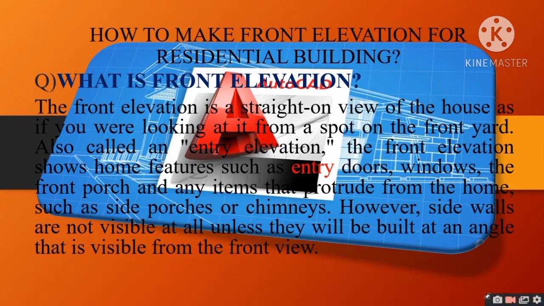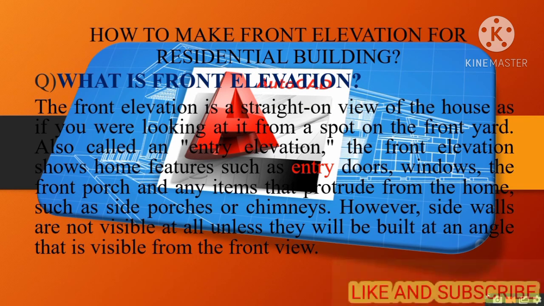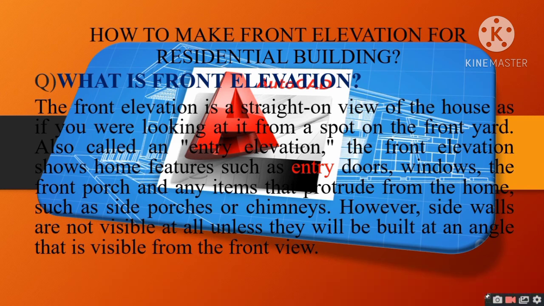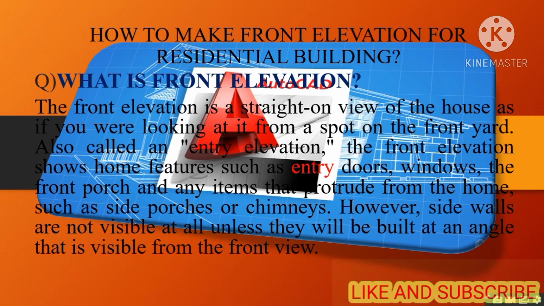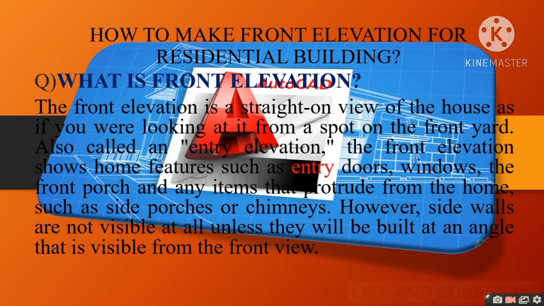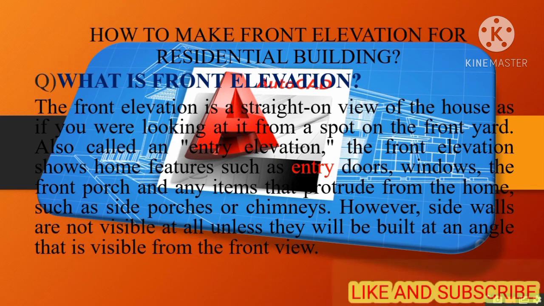The front elevation shows home features such as the entry door, windows, the front porch, and any item that projects from the house, such as side porches or chimneys. However, the side walls are not visible unless they are built at an angle away from the front view. So this is the main definition of front elevation.